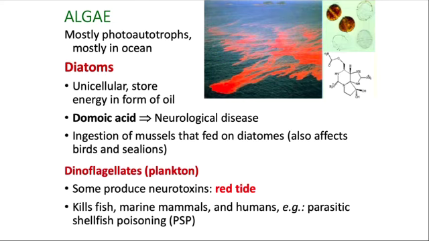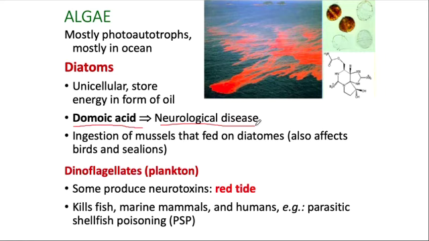They will store energy in the form of oil, and they have an important component, the domoic acid, which may cause neurological diseases. So ingestion of mussels that have fed on diatoms may affect other organisms like birds and sea lions and any other organism in the water that feeds on them.